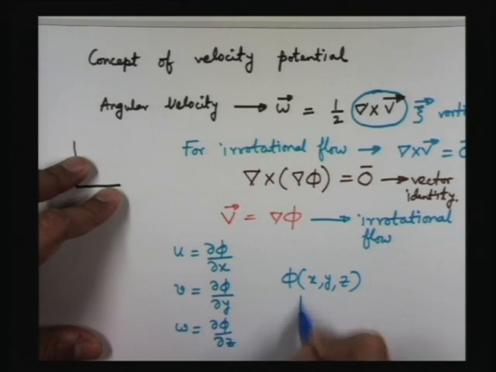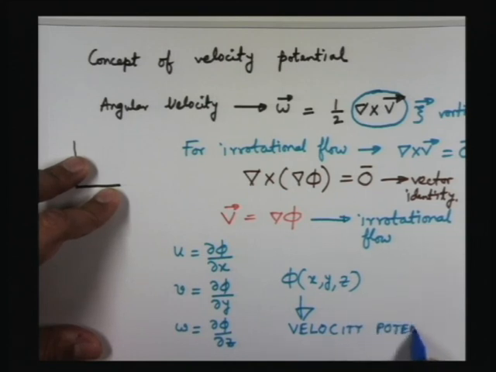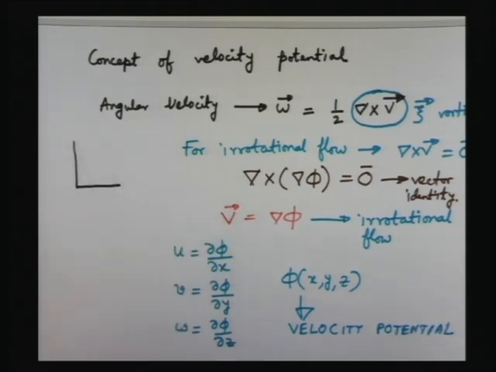This is known as velocity potential. Again, to reiterate, velocity potential is defined for irrotational flow. That irrotational flow may be 2-dimensional, 3-dimensional, whatever. So there is no restriction of 2-dimensionality which was there for the stream function.